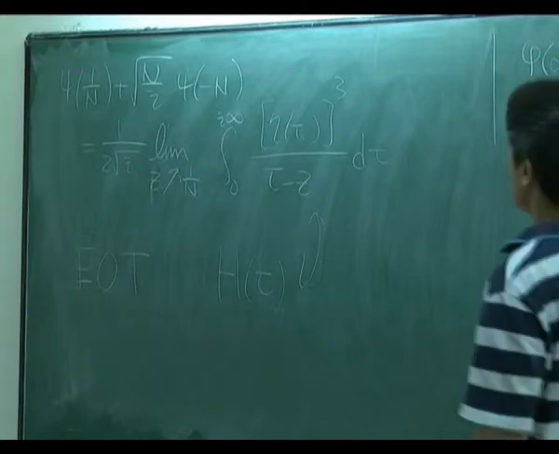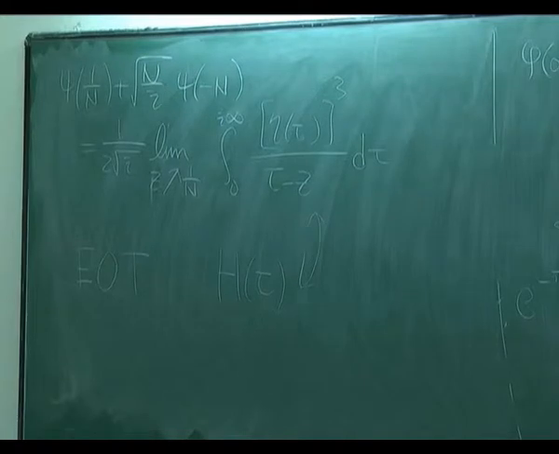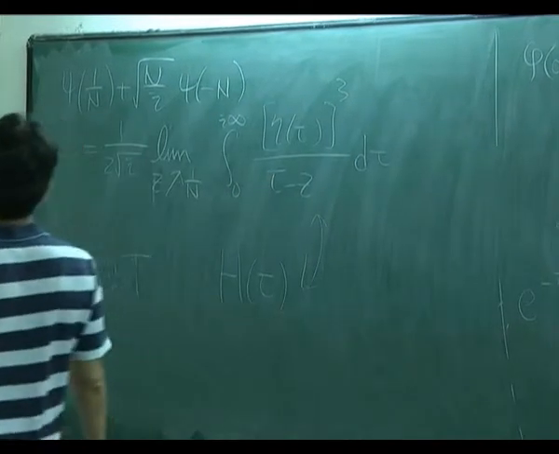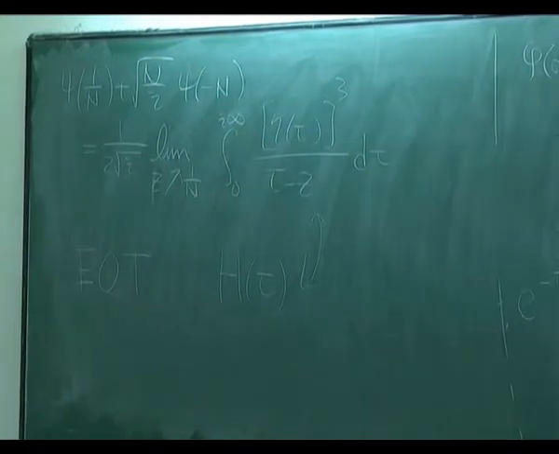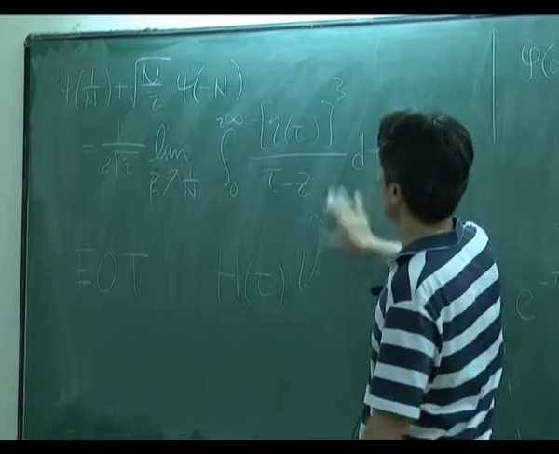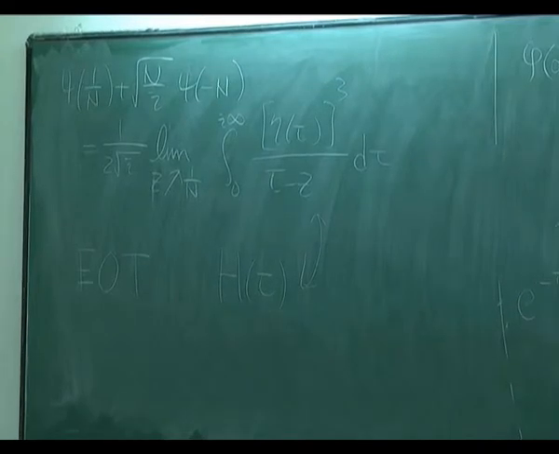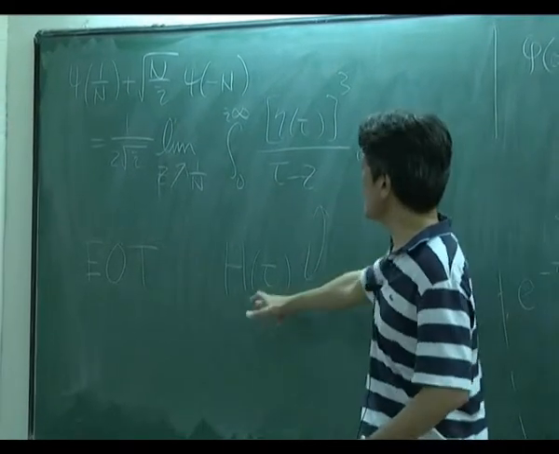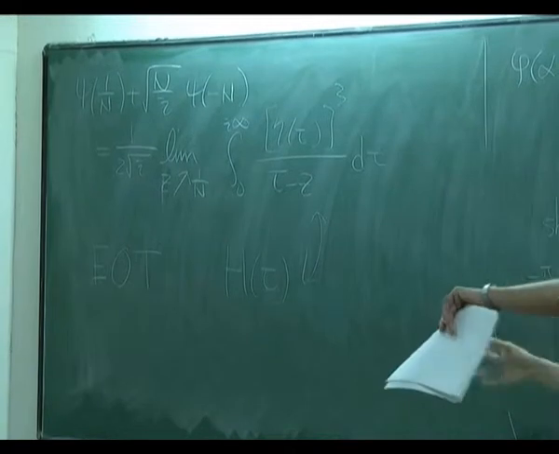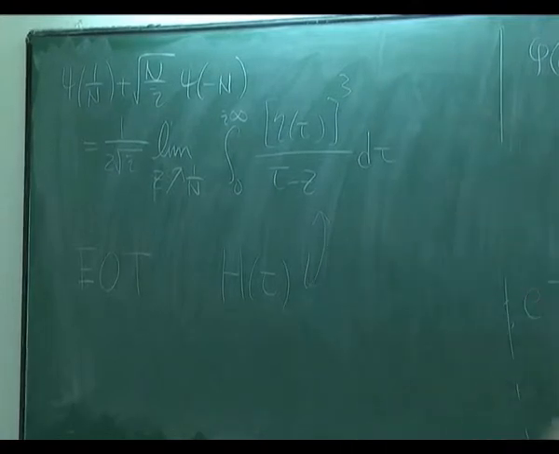To derive the modular properties of H, we use the Ahira integral, like this one that appears, and for H tau, we have some dual Ahira integral, defined on the lower half plane.